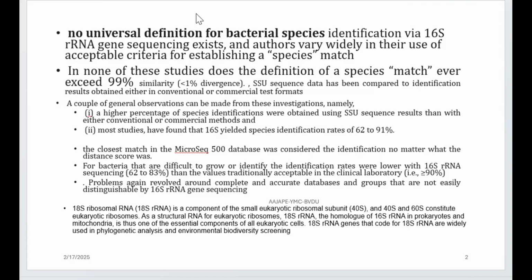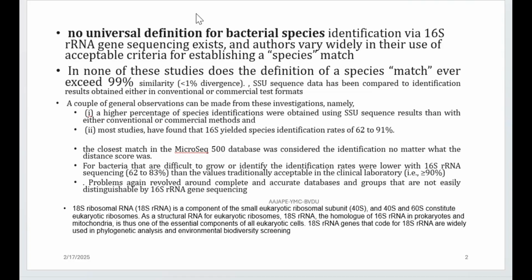Different authors have framed different definitions for that. In none of these studies does the definition of species match ever exceed 99%, so similarity is 99% and divergence is less than 1%.